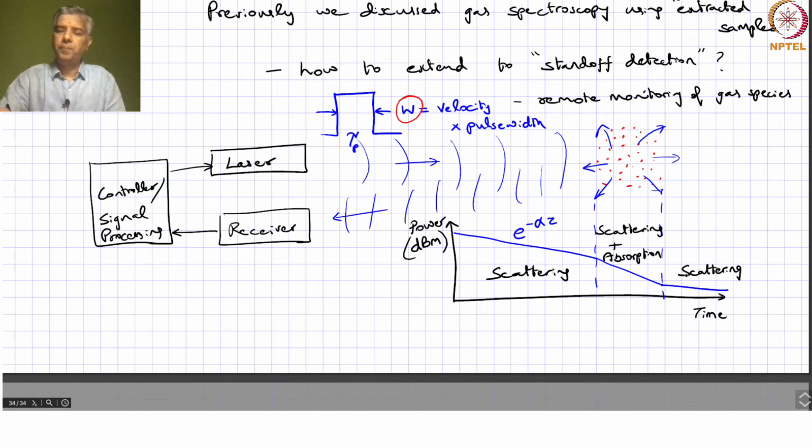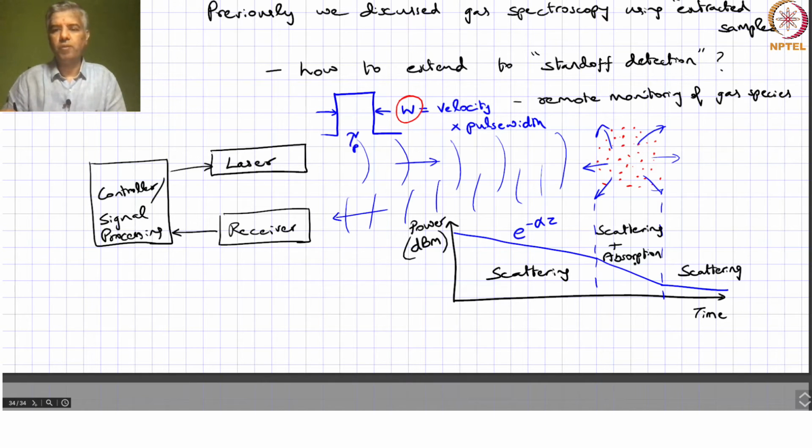Of course, to identify a particular species, you know that each of these species has a particular wavelength at which it's absorbing. So you tune your laser to that wavelength, and then you launch a pulse, and what you find is that at that wavelength this absorption is happening.